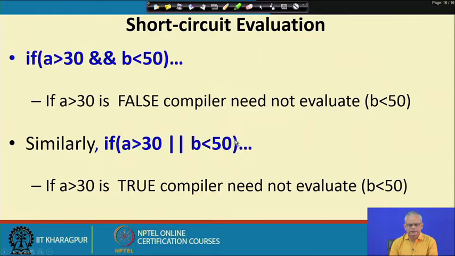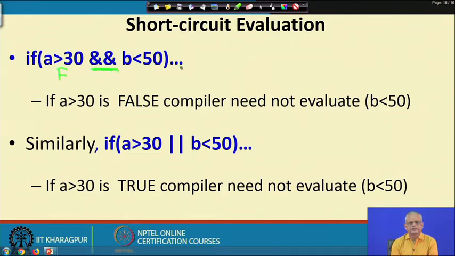Let us look at a few more short circuit evaluations. In this expression, there is an AND here, and therefore, wherever there is an AND, if one of the sub expressions evaluates to false, then the decision has to evaluate to false irrespective of the other clauses.